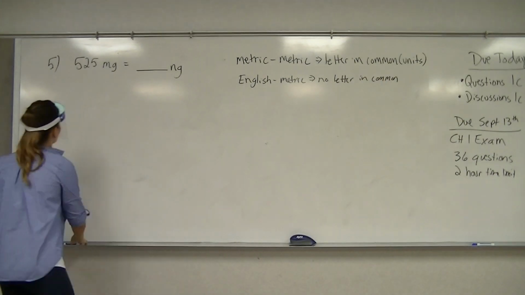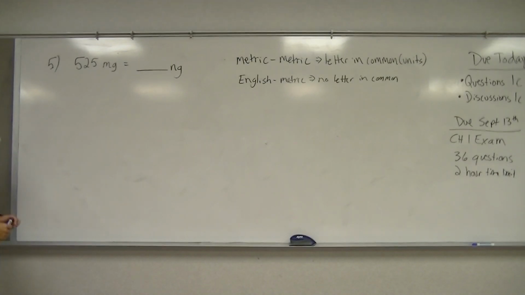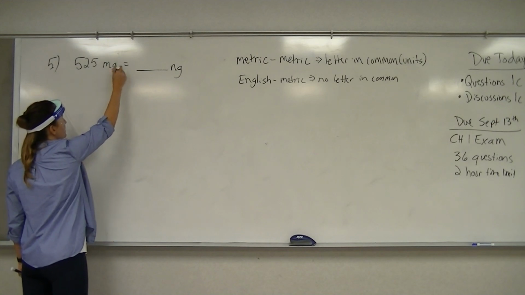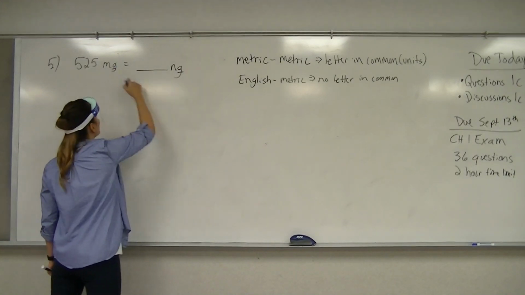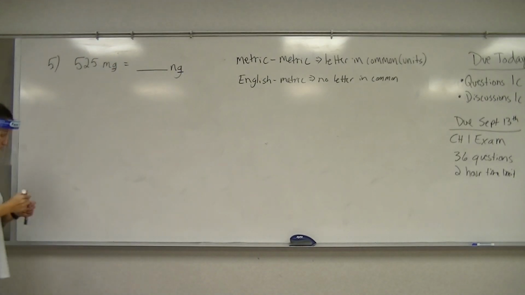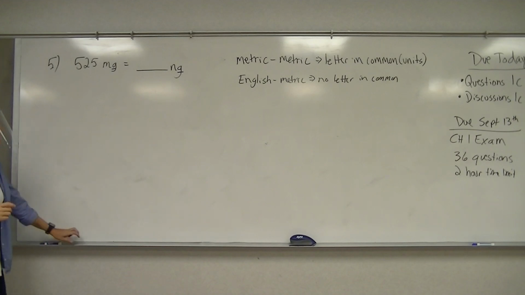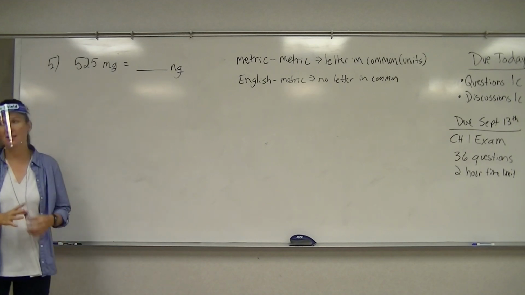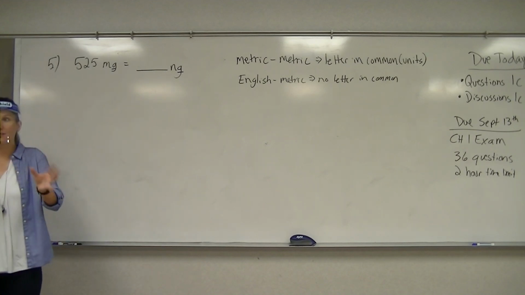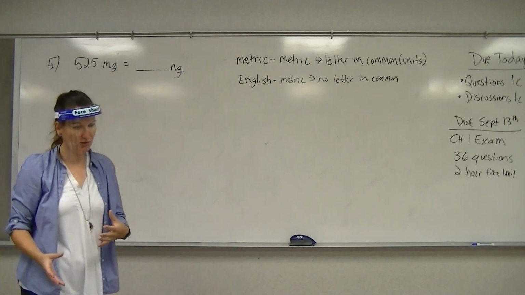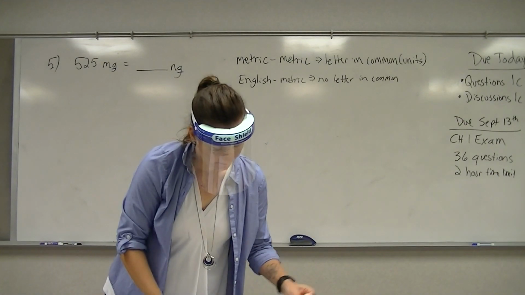So what type is it? Metric to metric. MG, NG. So GG, that's grams. The reason why you want to identify is because that's going to help you figure out what conversion sheet you need to refer to.